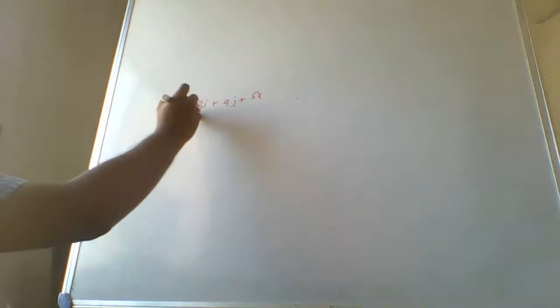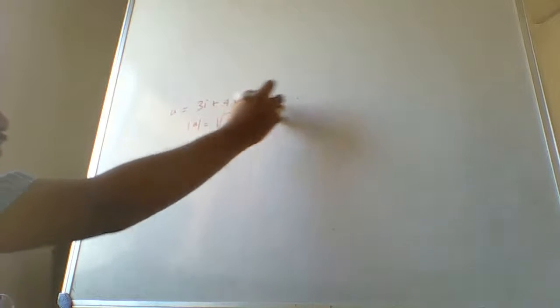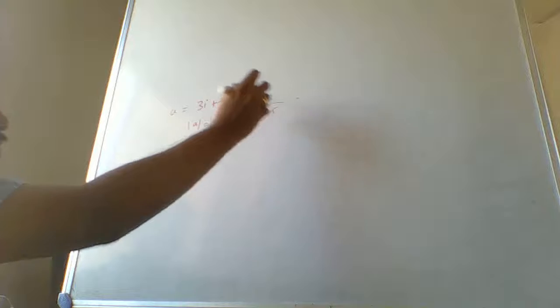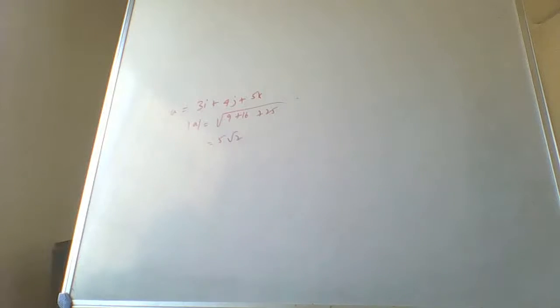Let us find the area of the square of this vector. Let us represent this vector as e. Then mod of this would be the square root of 9 plus 16 plus 25. So this results to 5 root 2.